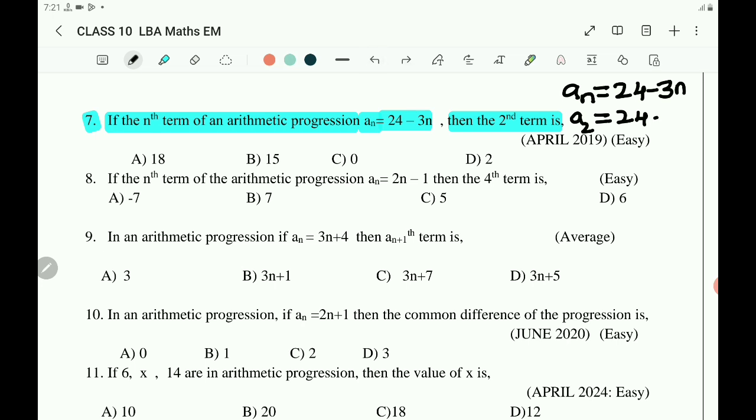In the place of n, what you have to write? You have to write 2. 3 into this 2. Then 24 minus 3 twos are 6. 24 minus 6 is 18. Then what is the answer? Option A is the answer.